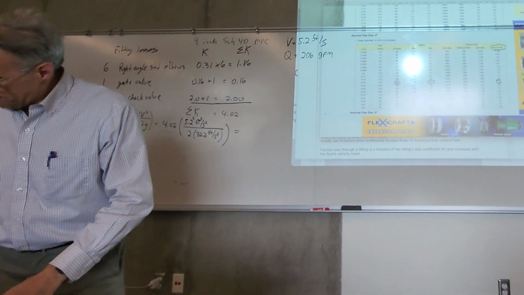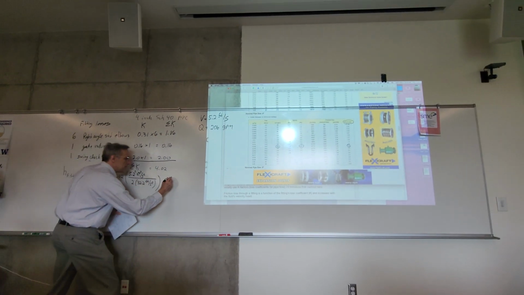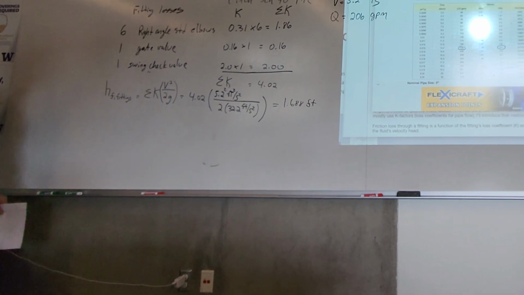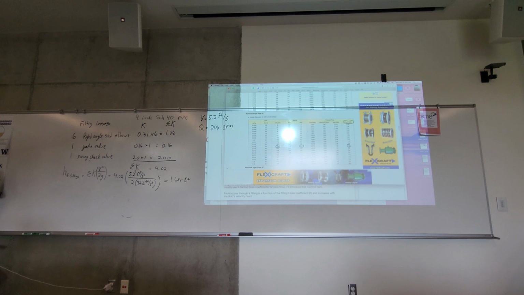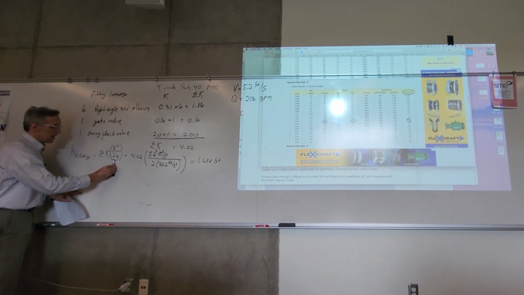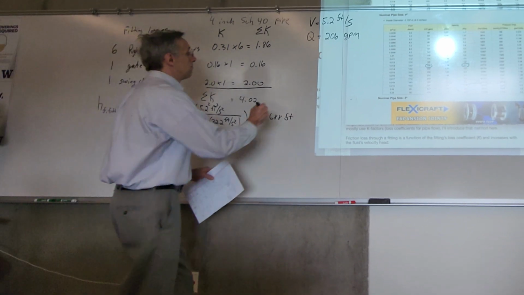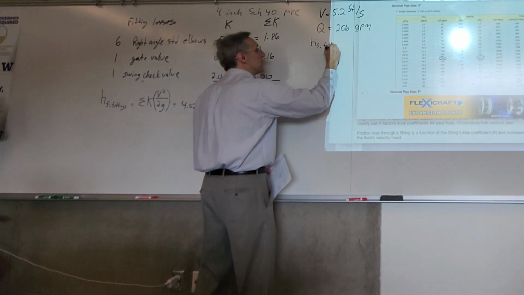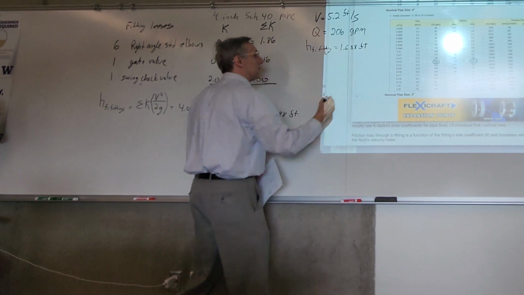And that is 1.688 feet. So that's my loss due to the fittings alone. Just take the sum of the K factors and multiply by the velocity head. Let me make a note here: HF from the fittings is 1.688 feet.